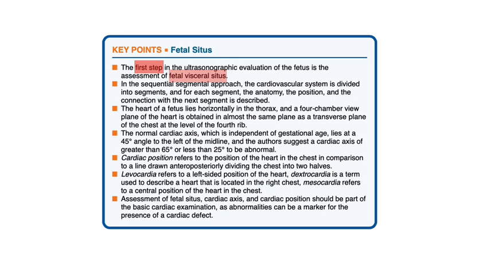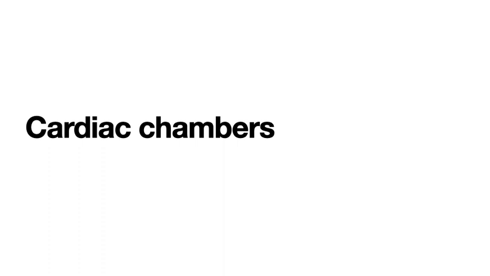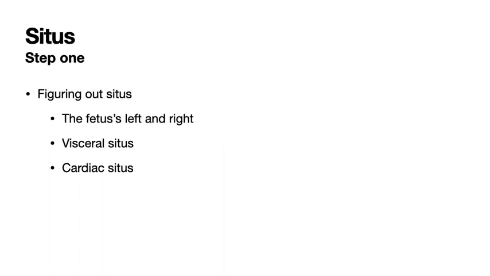So again, you're there to look at the heart, but you start with visceral situs, upper abdomen. Let's talk a little bit about the cardiac chambers. Well, we already said that step 1 is figuring out the situs. We figured out the left and right, then we did visceral situs, and then cardiac situs last.